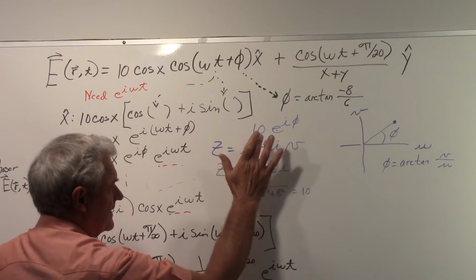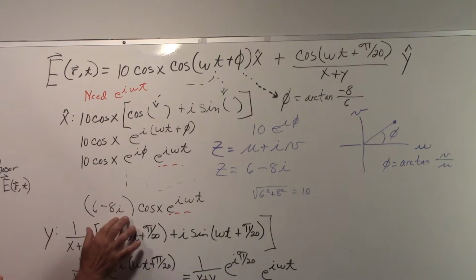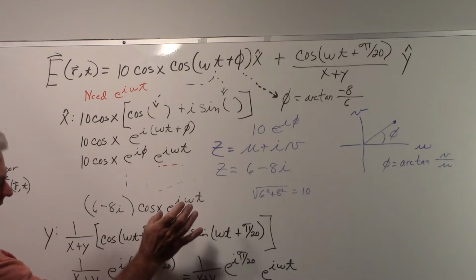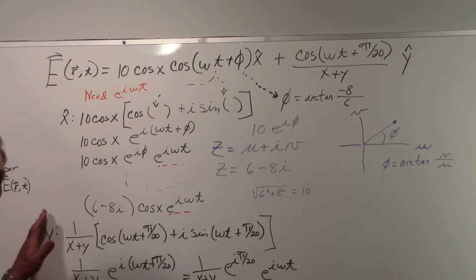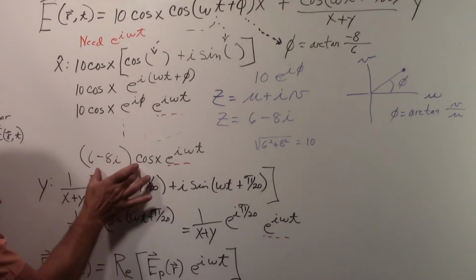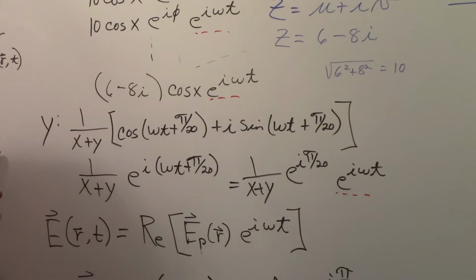That takes care of the 10 here. So this then becomes 6 minus 8i, parentheses, cosine x e to the I omega t. So now we have the x component in the form that we want. We have a complex quantity here and the e to the I omega t here.